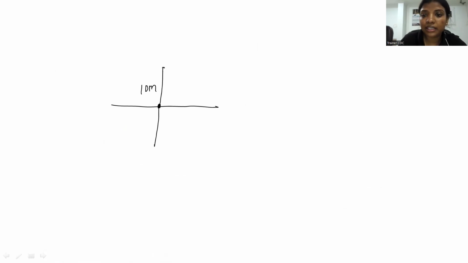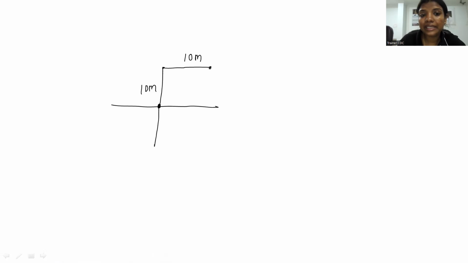After covering 10 meters, he took a right turn. Once he took the right turn, again he covered 10 meters. Now always remember one thing, this 10 meter and this 10 meter line should be equal. If they are not equal, definitely you will not be able to get the correct directions.